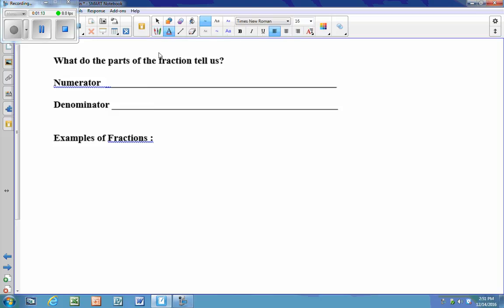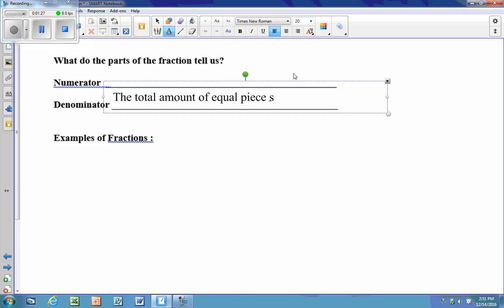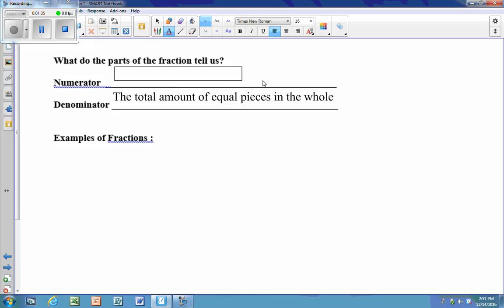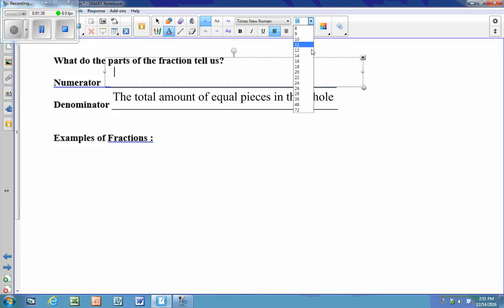What does each of these pieces tell us? So we're going to start with the denominator. What does the denominator tell us? The denominator tells us the total amount of equal pieces in the whole. And the numerator tells us the answer to whatever the question is that's being asked.